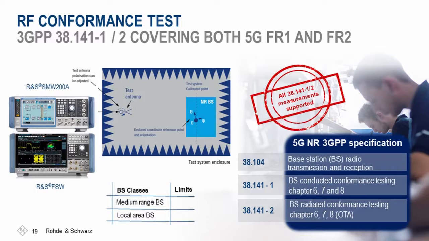Here in the example, I am using a millimeter wave use case, just to share with you how the testing of millimeter wave involves a different test methodology. For millimeter wave we use an anechoic chamber for testing with test antennas, and when it comes to the instrumentation, it is the SMW and FSW.